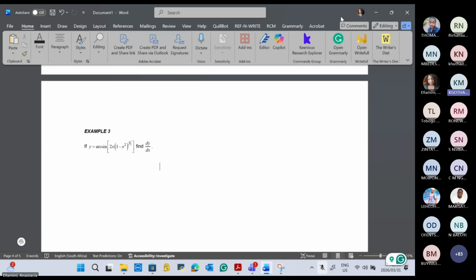So cool. Using product rule, initially it's 2x times the derivative of that. You use chain rule. Okay, so in this case, you'll notice that there's a product rule, there's a chain rule, as well as a trigonometric function, the inverse of a trigonometric function.